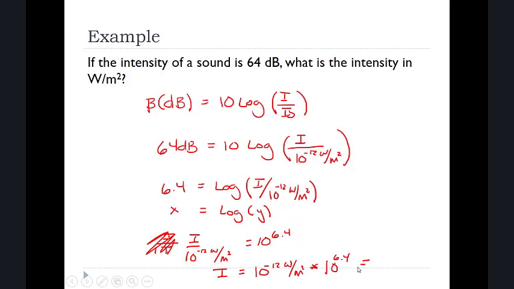And if you put that into your calculator, 10 raised to the negative 12 times 10 raised to the 6.4, you get an intensity of 2.5 times 10 to the minus 6 watts per meter squared. Now let's just check and make sure that that makes sense.